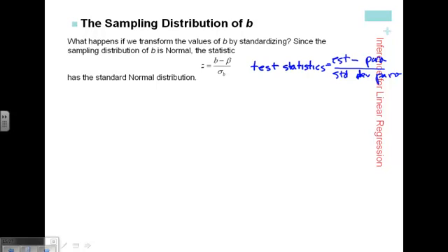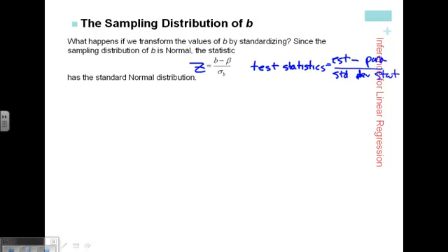We've had that basic outline for a test statistic. Well, we have that z is equal to b minus beta over sigma of b. Actually, that's the standard deviation of the statistic. We'll correct that.